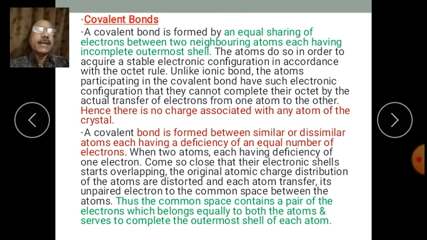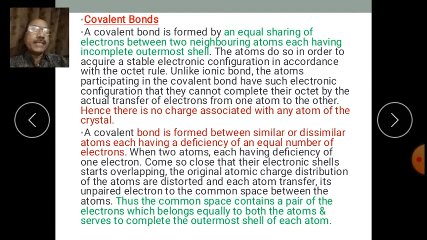So unlike the atoms forming an ionic bond, this type of element cannot complete its octet by actual transfer of electrons. Hence, there is no charge associated with any atom of the crystal.